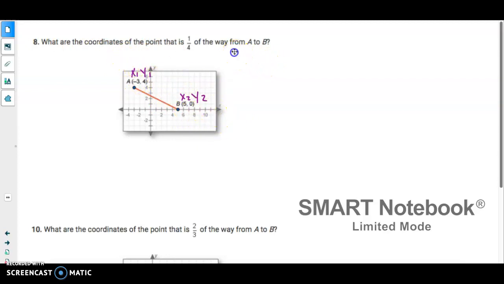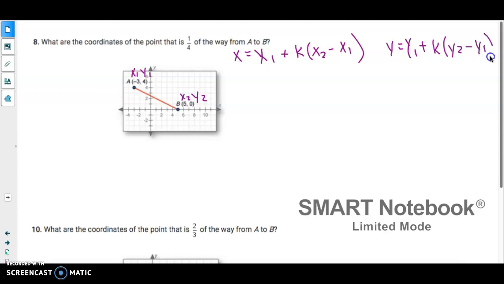So you're going to do x is equal to x1 plus k, x2 minus x1, and you're also going to have to do y is equal to y1 plus k, y2 minus y1. So you're going to have to do both of them, and that's going to give your solution.